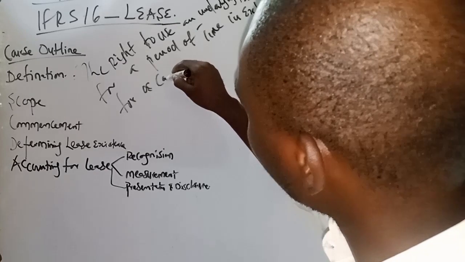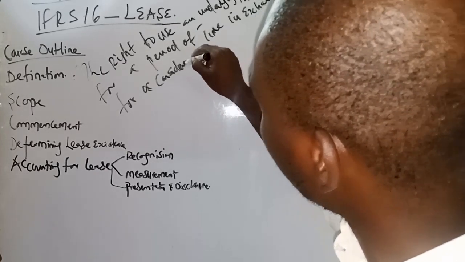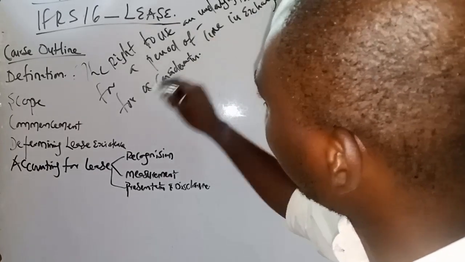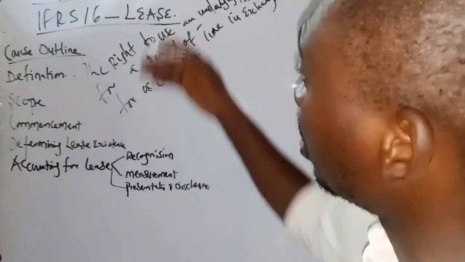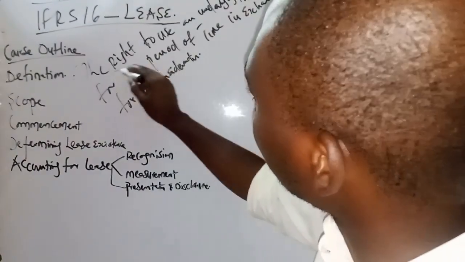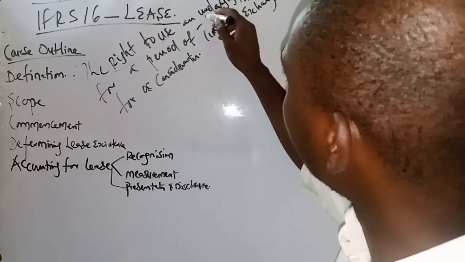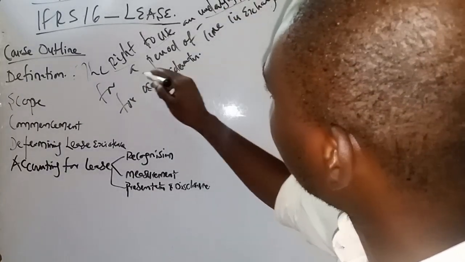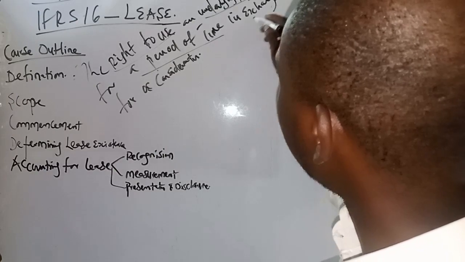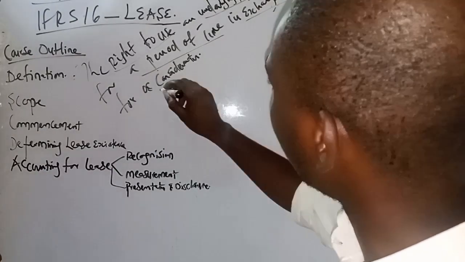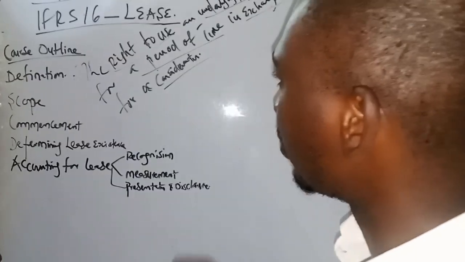Please be taking note as I am taking you through this lecture. In exchange for consideration, meaning that for you to call it a lease, there must be the right to use, there must be an underlying asset, there must be a period of time, and there must be an exchange for consideration, meaning the payment that you are making on it.